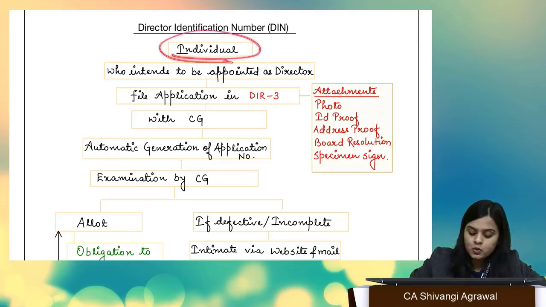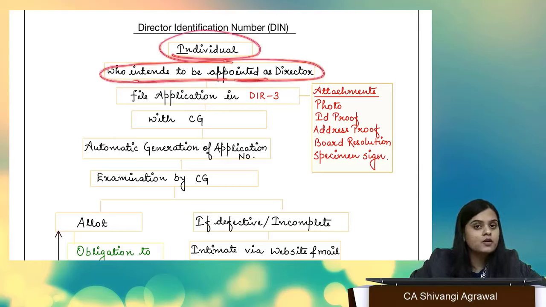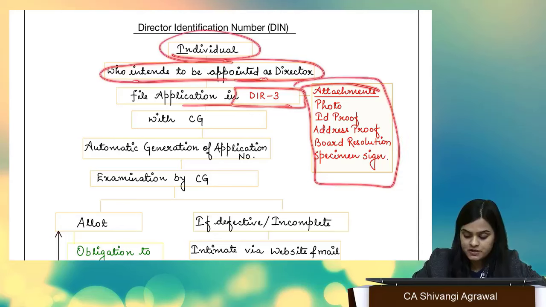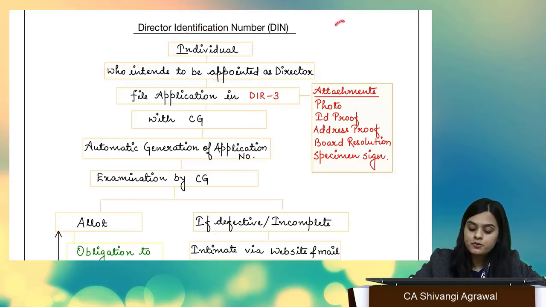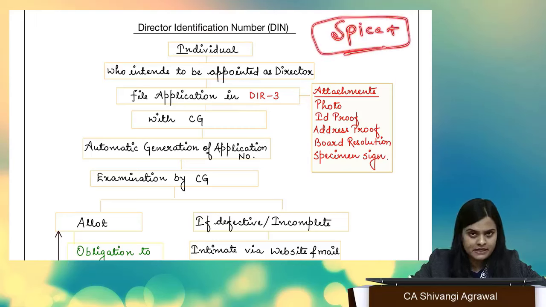Any individual who wants to be appointed as a director cannot be appointed unless you have DIN. How do you obtain DIN? You can file an application in DIR 3 with these attachments. There is also an option, SPICe Plus. Supposedly I am forming a new company and I have never been a director of any company.